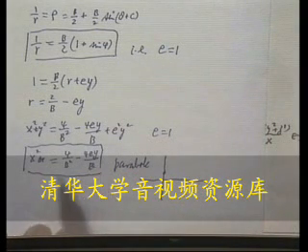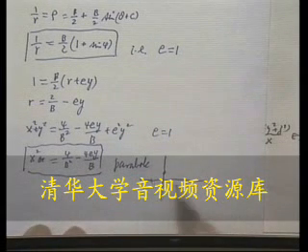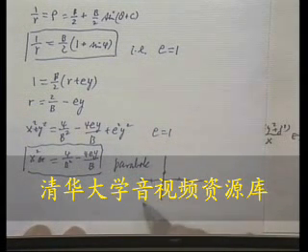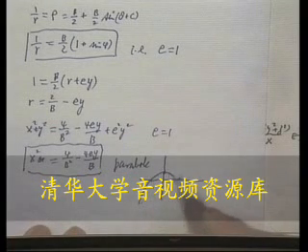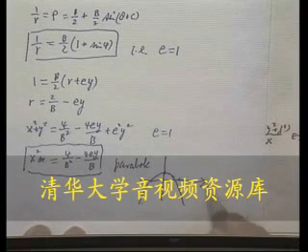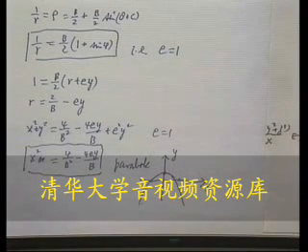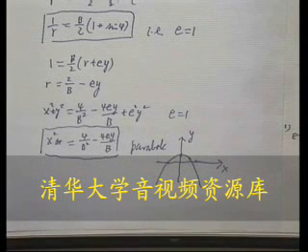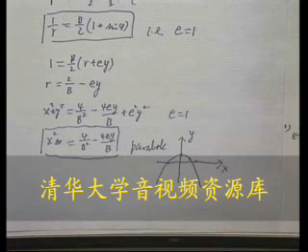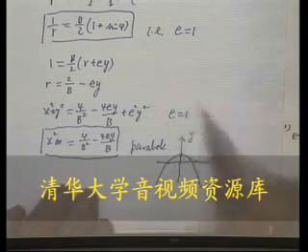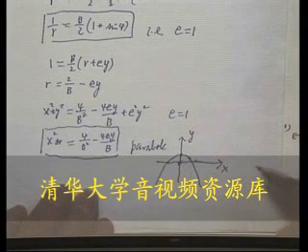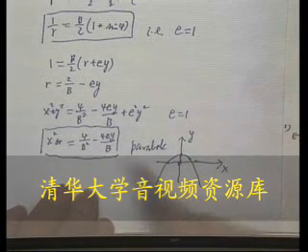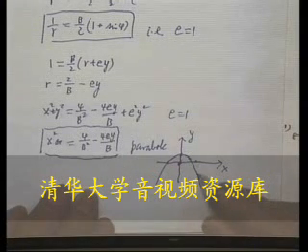When y is equal to 0, x is... so you get a curve like this. So Newton proved that if the energy is equal to 0, the orbit would be like this.